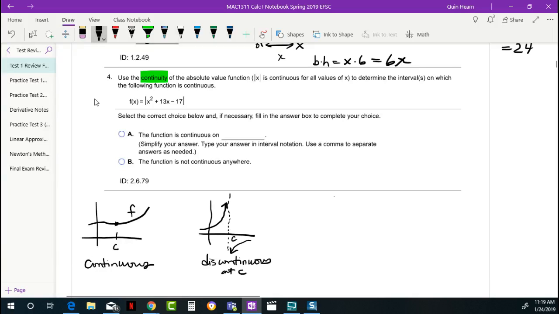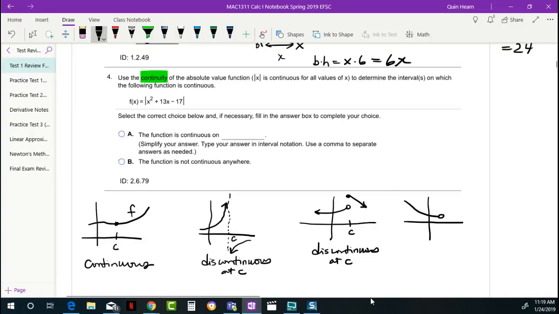You might have a piecewise defined function, so it might look something like this. And this has a gap at c, definitely discontinuous at c. You might just have a hole. So this one is also discontinuous at c.